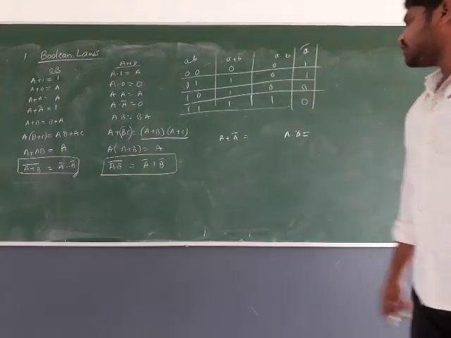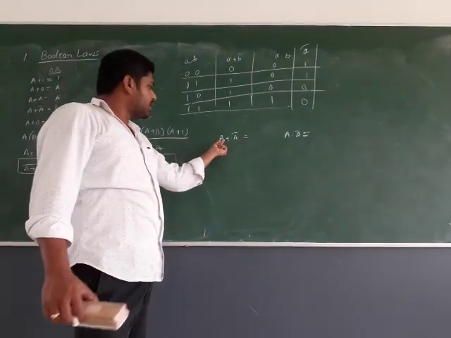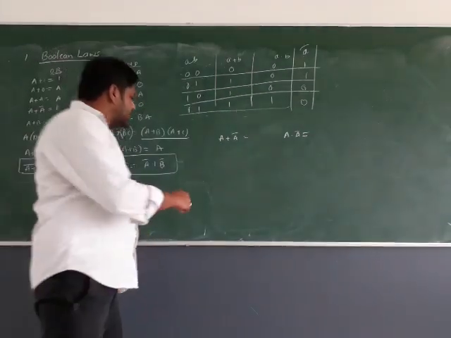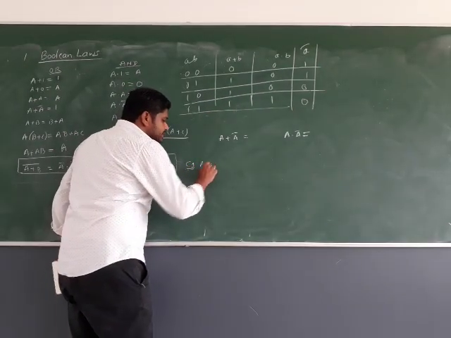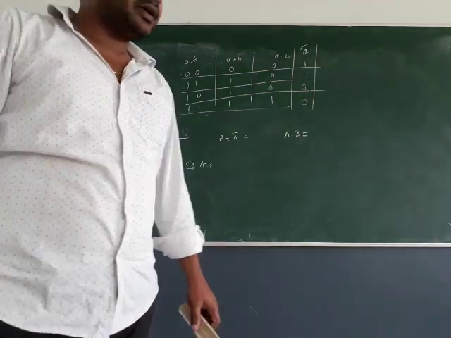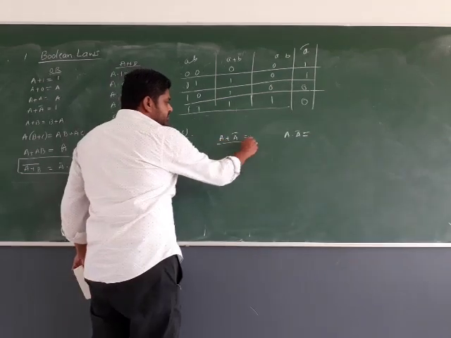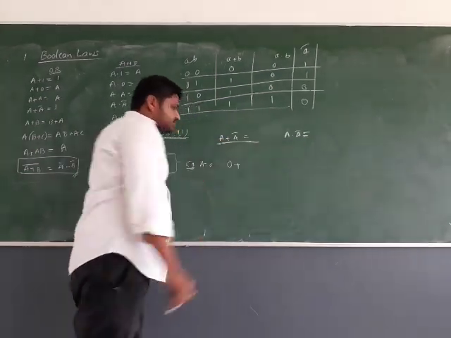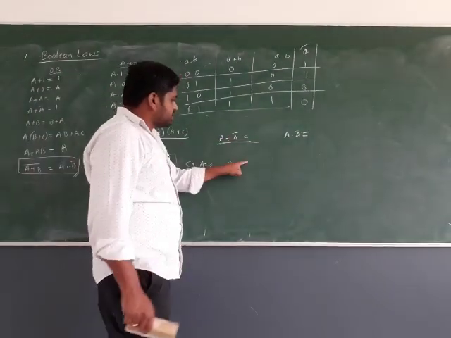Okay, so now let's assume, actually I have to think about maximum possibilities. So let me assume case number 1, A as 0. Substituting in this formula, A plus, if A is 0, what is A complement?